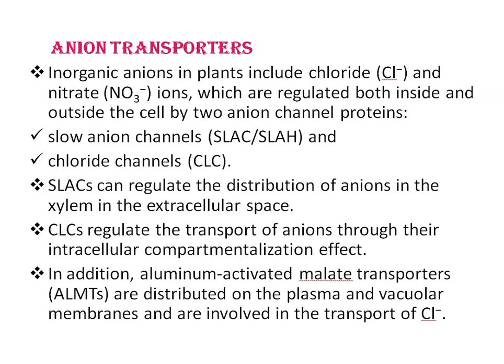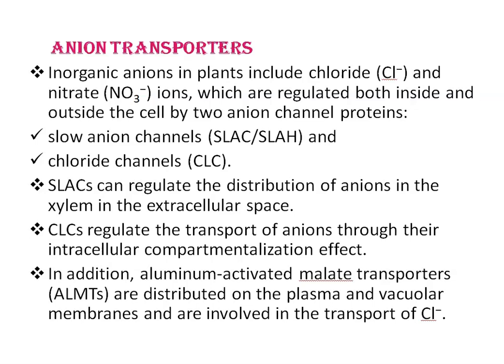Next is anion transporters. Inorganic anions in plants include chloride ion and nitrate ions, which are regulated both inside and outside the cell by two anion channel proteins. Slow anion channels, SLAC or SLAH, and chloride channels, CLC.